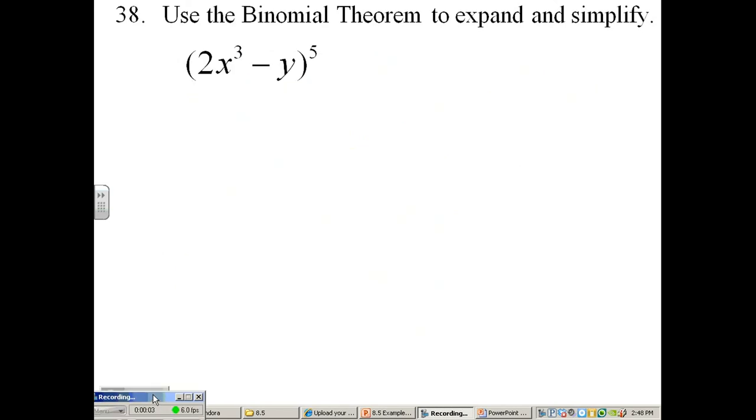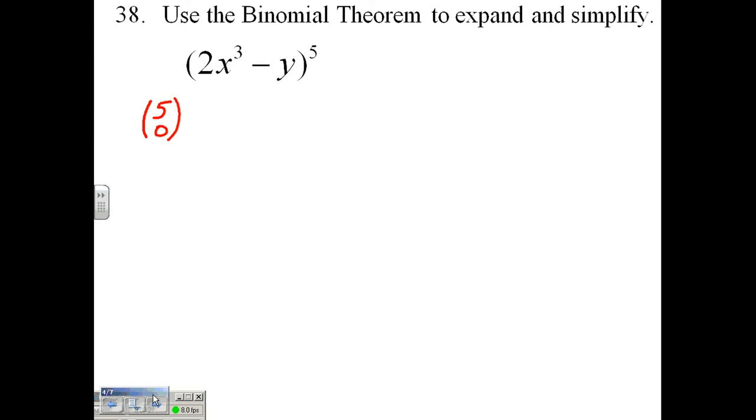Okay, problem number 38 is a binomial theorem expansion on a fifth degree binomial. So we're going to have a little bit of space here, but we're going to start here with our combination work. And of course, our first term always starts combination, our exponent 0, C5, 0.